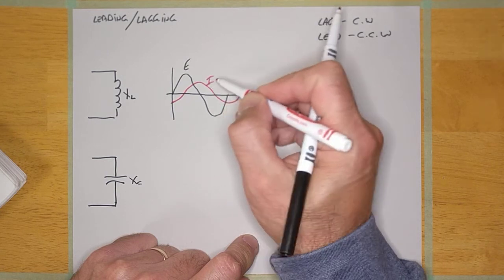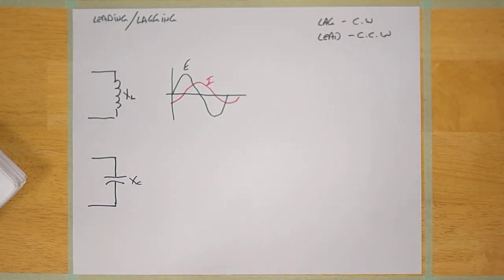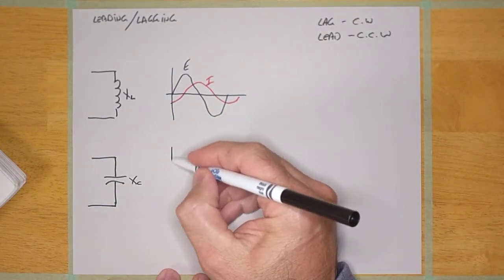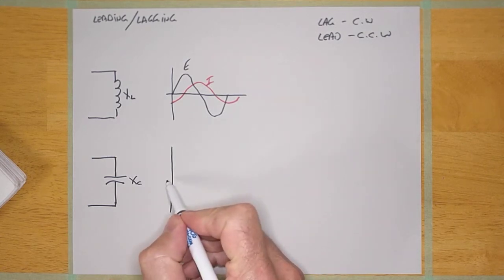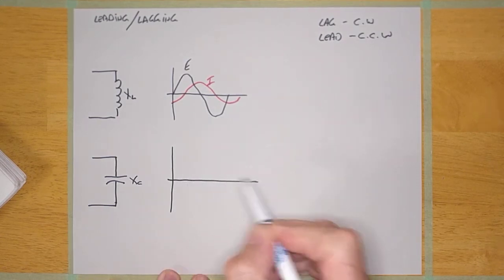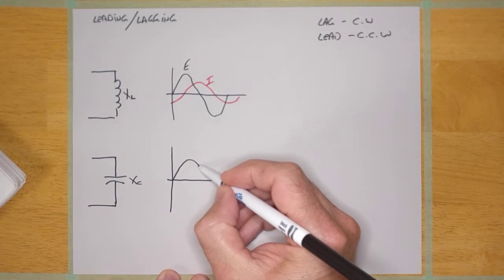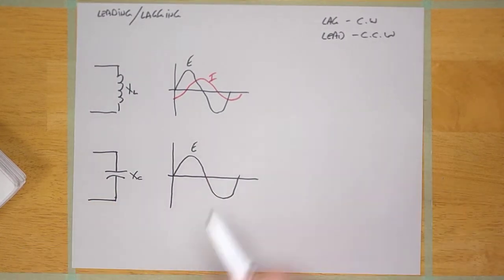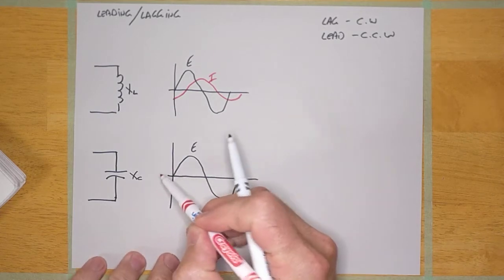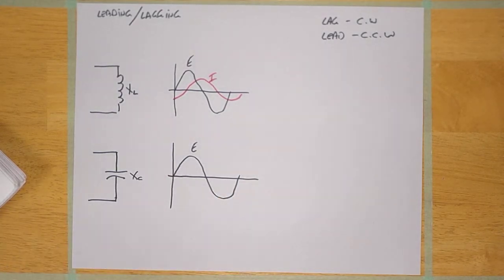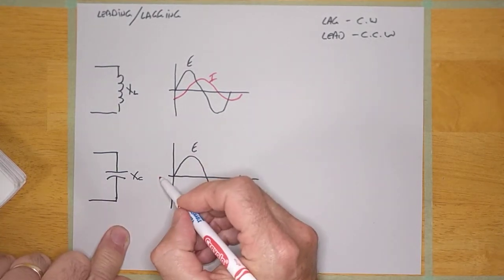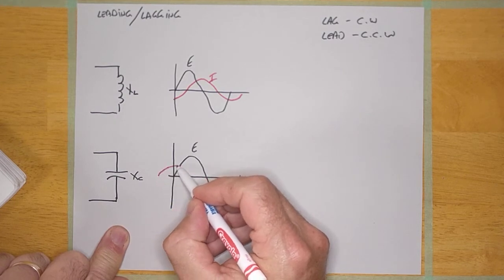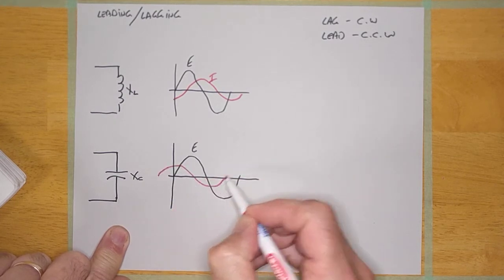Okay, there's the current. Same thing for the capacitor. It causes the current to lead the voltage, which means that if this was the voltage phasor right here, guys, the current phasor for this capacitor would look like this. It would be leading the voltage.